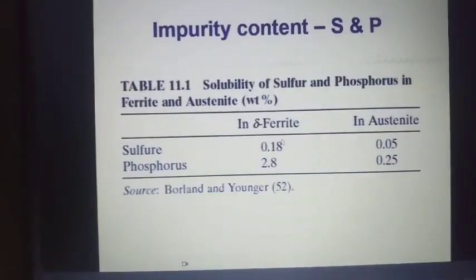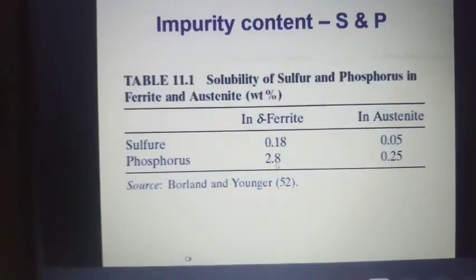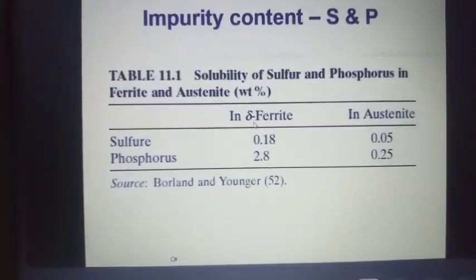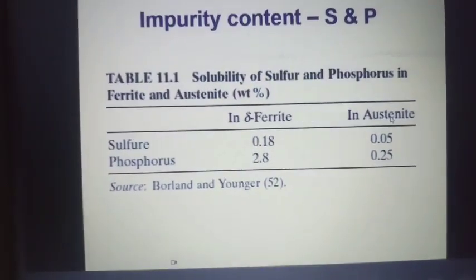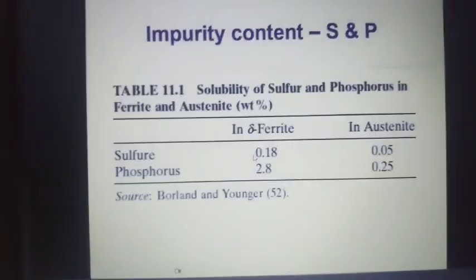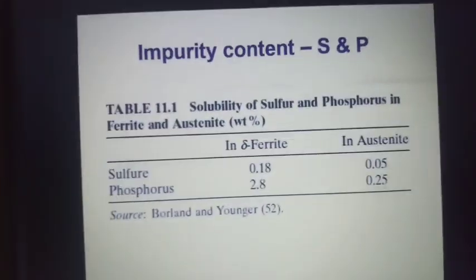Sulfur and phosphorus have more solubility in delta ferrite and poor solubility in austenite.